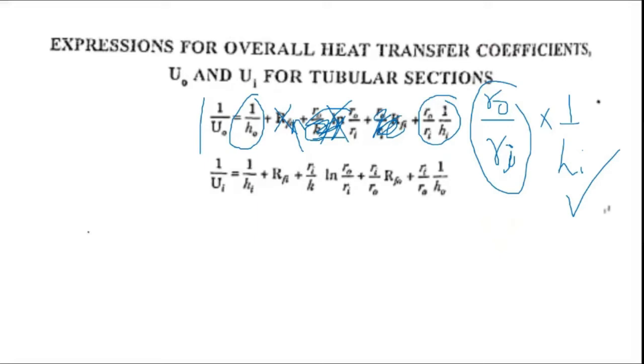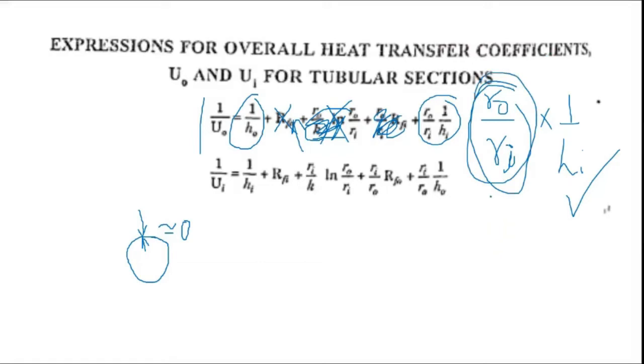Since these values are not given in the question, we will make an assumption. The assumption is the thickness of the pipe is very small. The thickness of the tube in which the fluid is flowing is negligible. Since this thickness is approximately equal to 0, can we say that R naught is equal to Ri? Can we make that assumption?